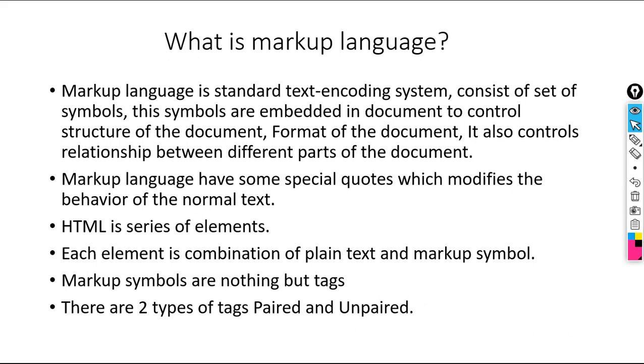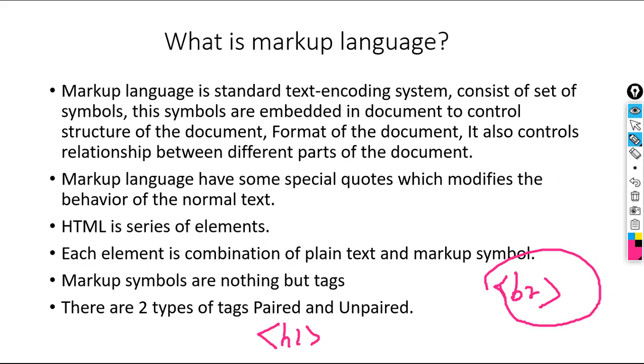For example, the br tag is used to break the line. This is an unpaired tag, there is no closing, only opening. And there is another tag, h1, which is used to highlight the content, or to give a heading.